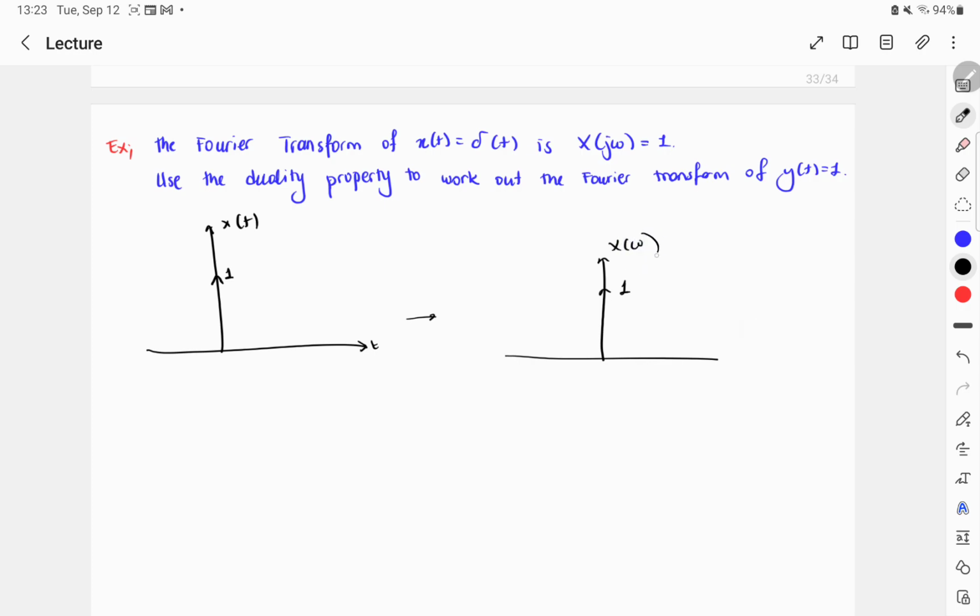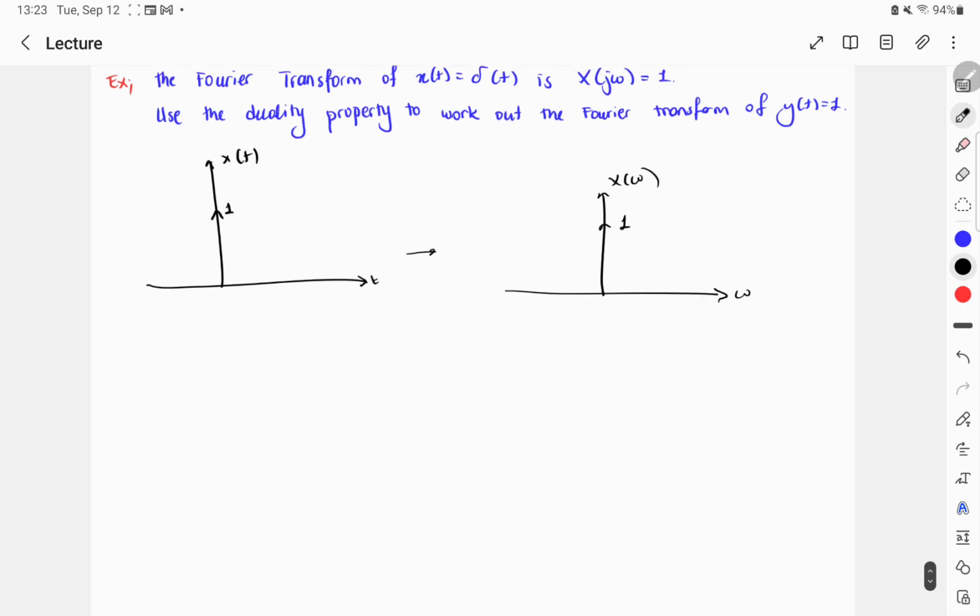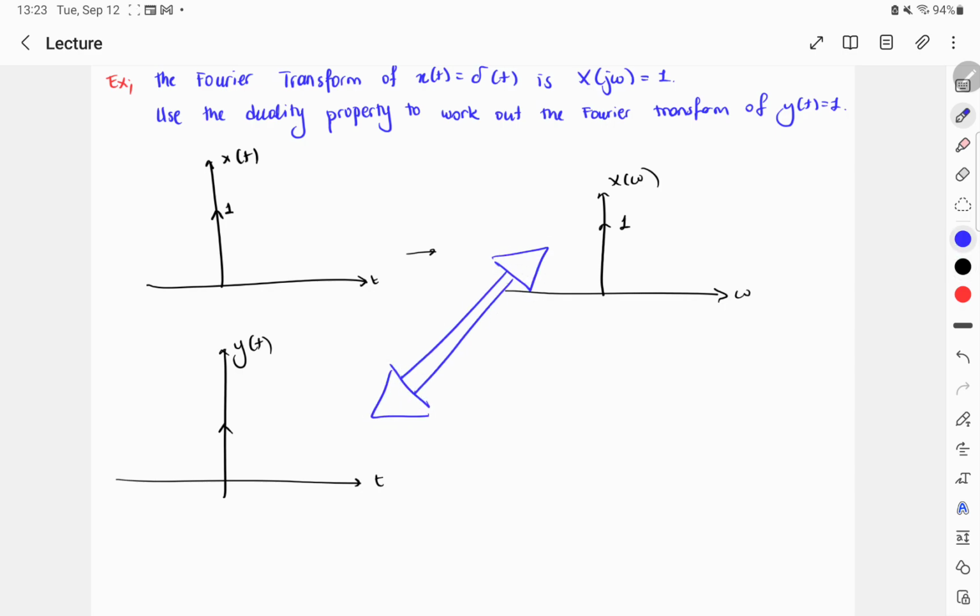Okay, let me write it like this. So we are asked for the Fourier transform of this signal, right? Time domain signal, which is 1. So what is the duality principle? If these two are the same, then these two are correlated. It is the multiplication by 2 pi, all right?